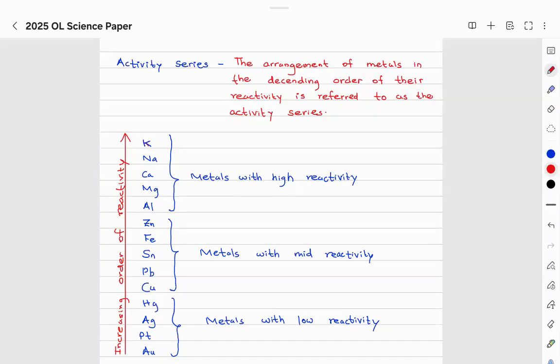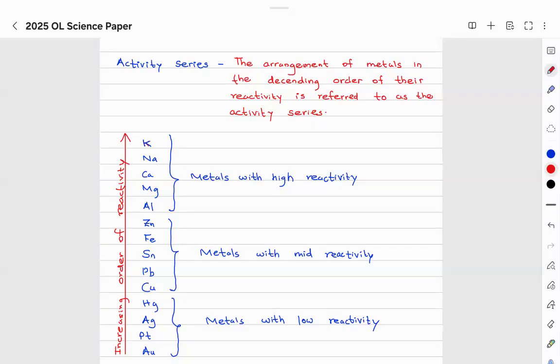Zinc, iron, tin, lead, copper are the metals with mid reactivity. Mercury, silver, platinum, aurum, that means gold, are the metals with low reactivity. Right?